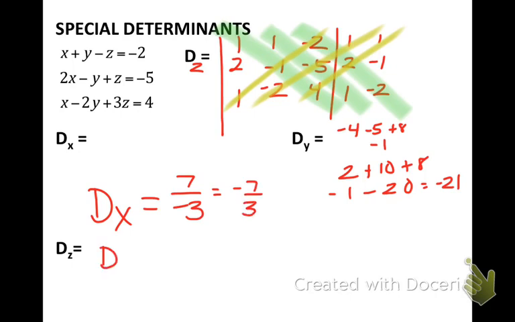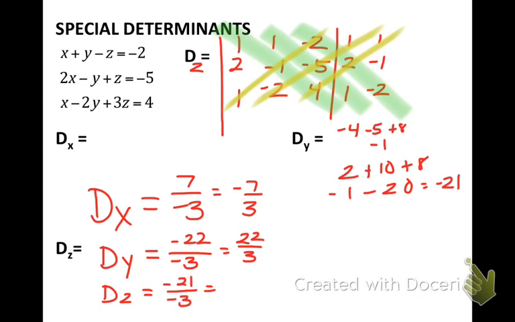My D of y would be negative 22, divided by negative 3, so 22/3. And D of z would be negative 21 over negative 3, which is positive 7. So we end up with negative 7/3, 22/3, and 7.